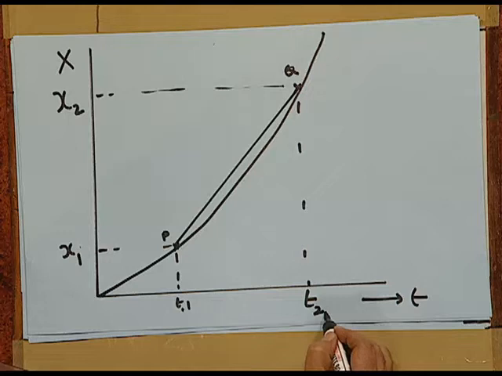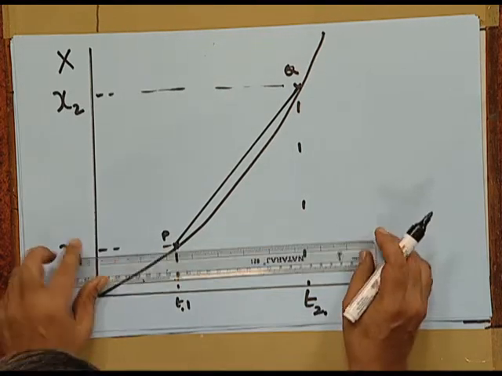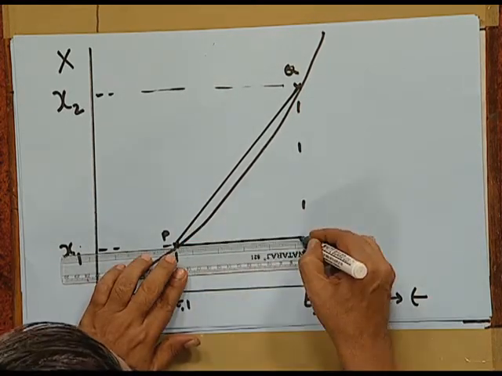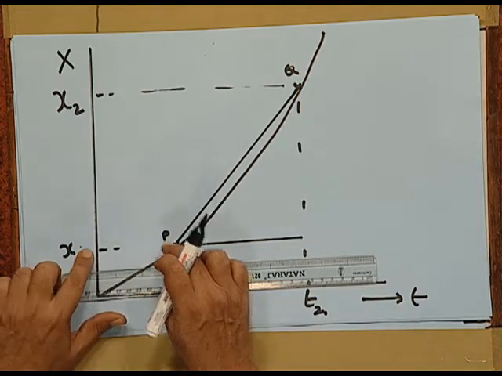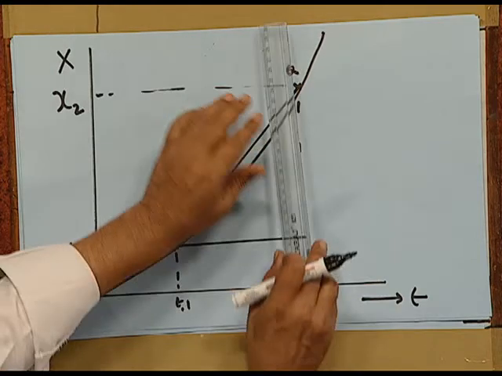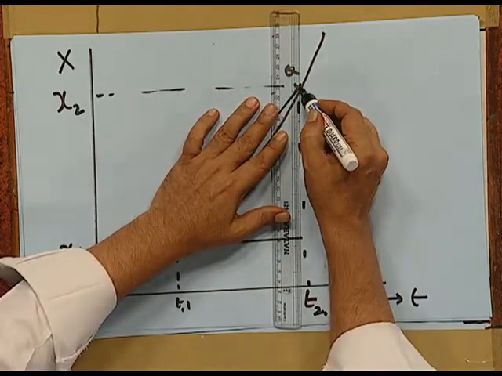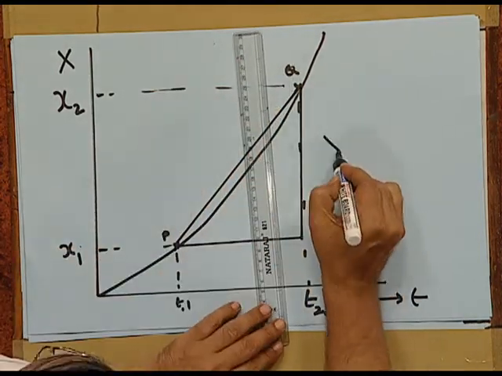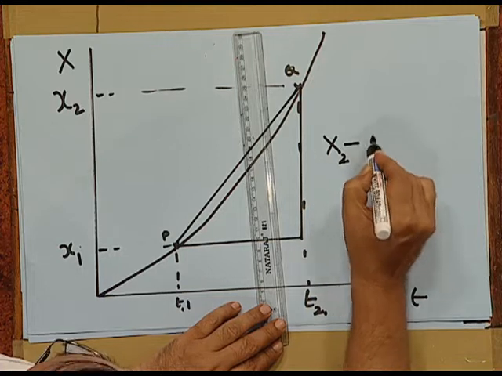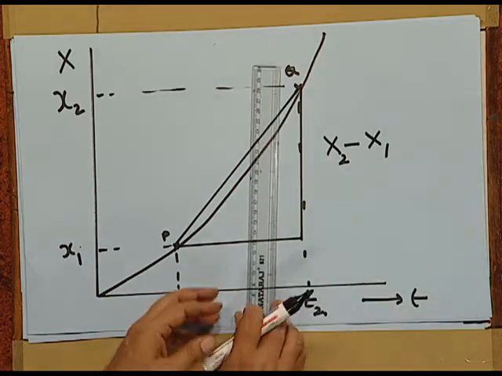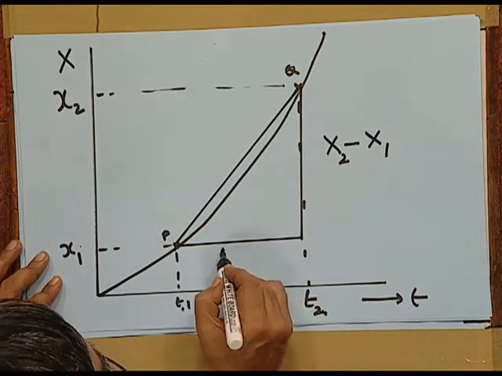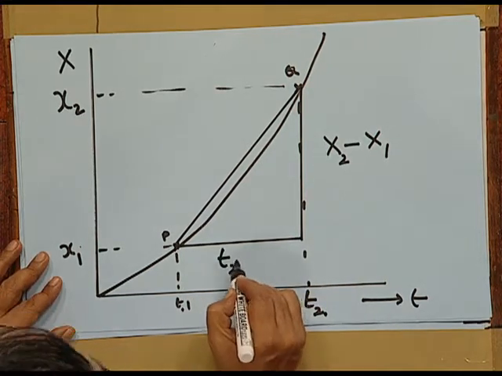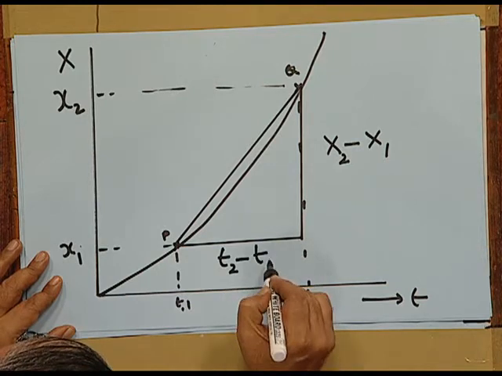Now, in the time interval t1 to t2, which is this interval, the object has changed its position from x1 to x2. x2 minus x1 represents the change in the position, and this has occurred in the time interval t2 minus t1.